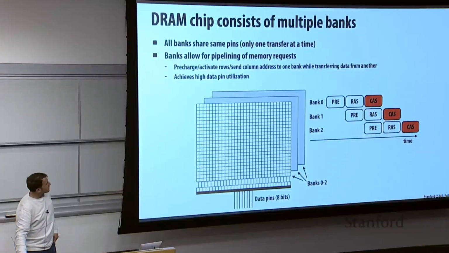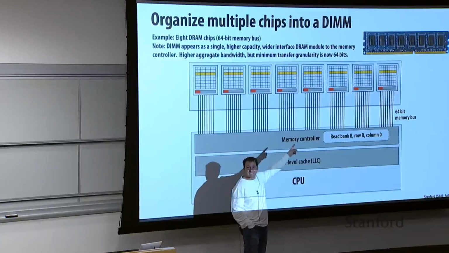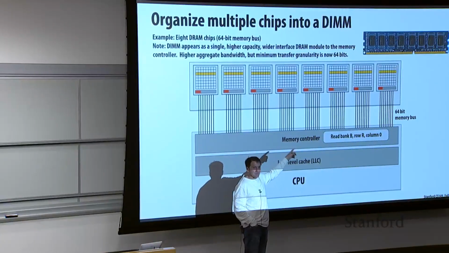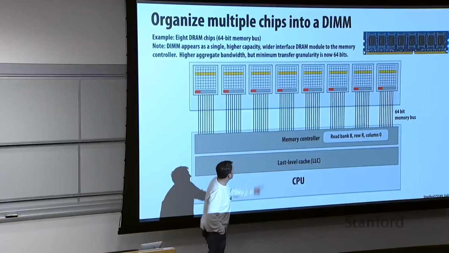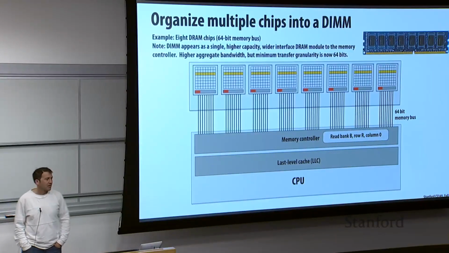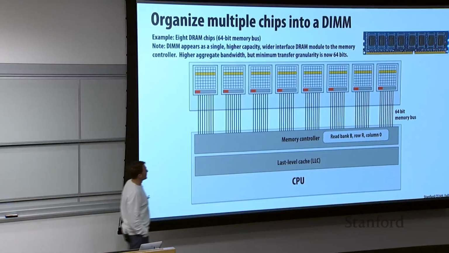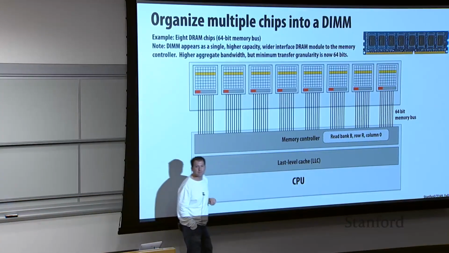This is what you get when you go on Amazon or Newegg and buy yourself a DRAM DIMM. DIMM is the inline memory module. There are just 8 of these DRAM chips sitting there: 1, 2, 3, 4, 5, 6, 7, 8. So this is now a 64-bit memory bus.